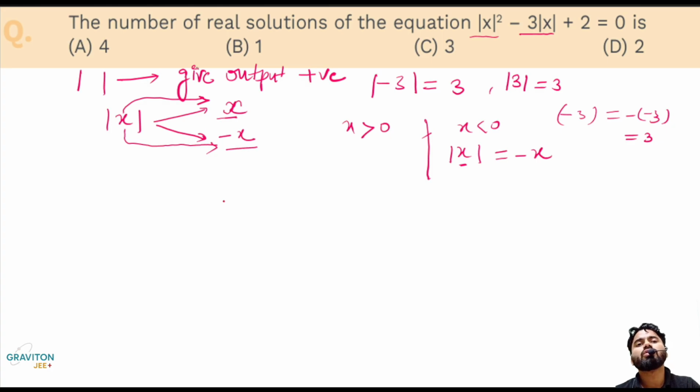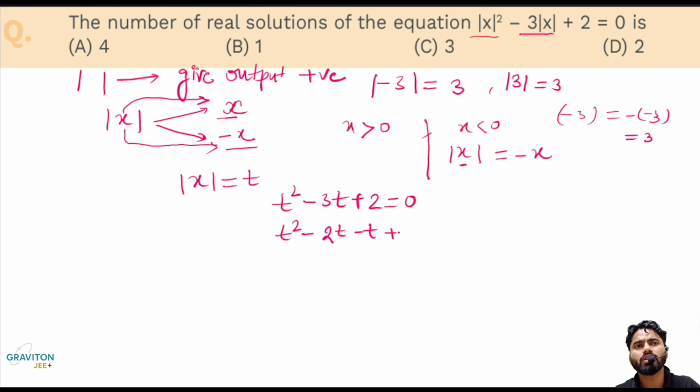Here we assume that mod x equals t. Transforming the expression, it becomes t square minus 3t plus 2 equals 0. Now solve this: t square minus 2t minus t plus 2 equals 0.